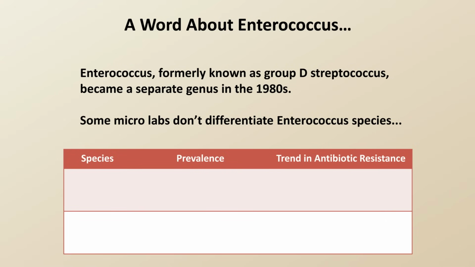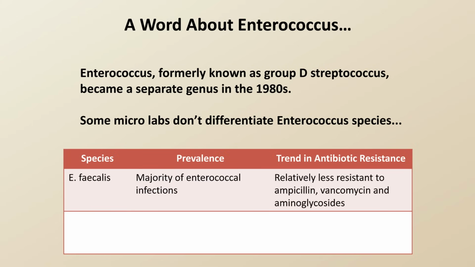First, E. faecalis causes the majority of enterococcal infections. We won't discuss individual antibiotics until Lecture 3, but be aware that E. faecalis is relatively less resistant to antibiotics. Of particular concern is ampicillin, vancomycin, and the aminoglycosides.